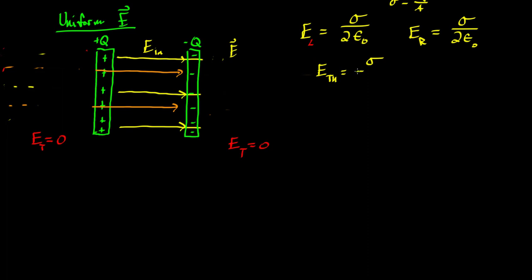So we get the charge density over 2 epsilon naught plus charge density over 2 permittivity. So the inside of these two plates is going to be 2 sigma over 2 epsilon naught, which simplifies to sigma over epsilon naught.